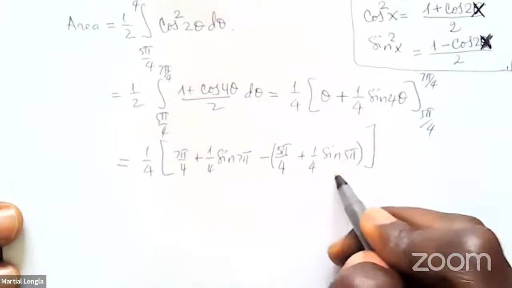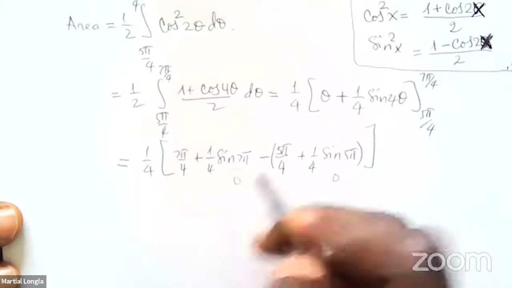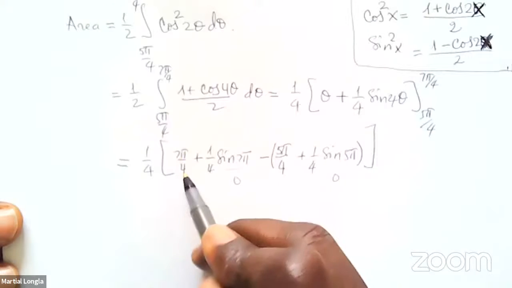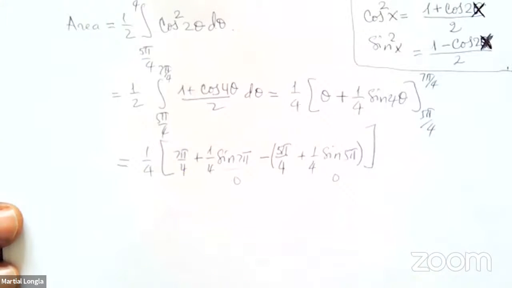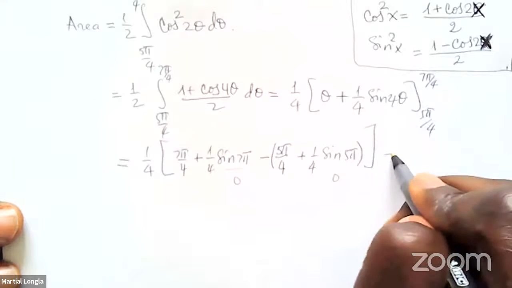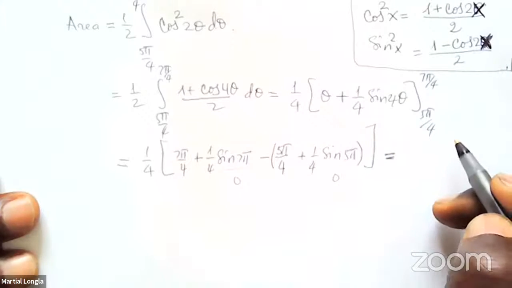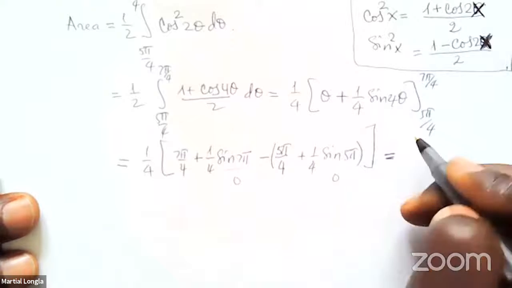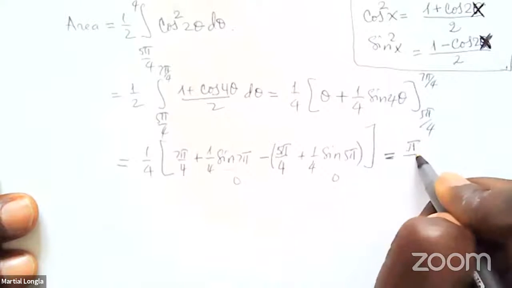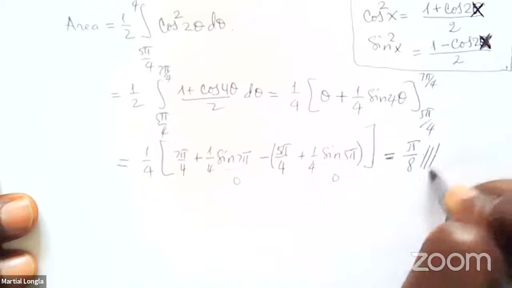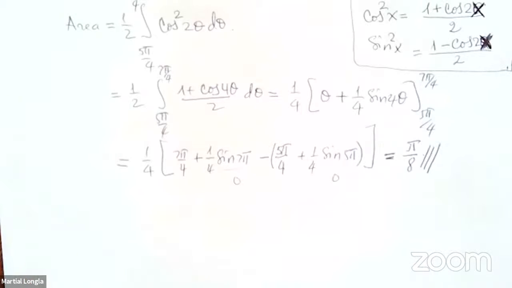Sine of 5 pi is 0, sine of 7 pi is 0, so we get 7 pi over 4 minus 5 pi over 4, which is 2 pi over 4, it's pi over 2. So pi over 2 divided by 4, that gives you pi over 8. So this is the area of one loop of that curve.